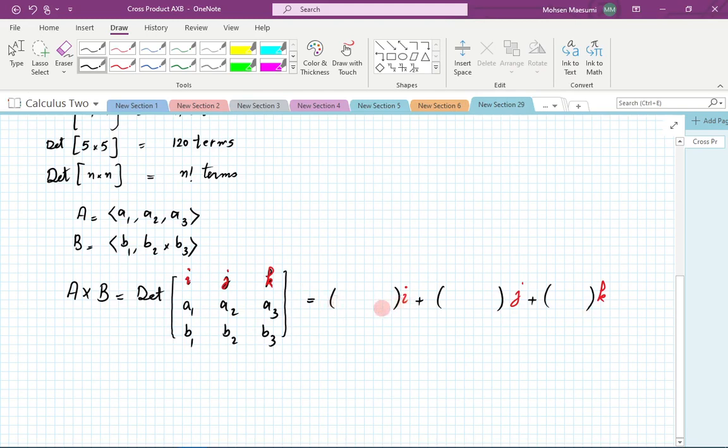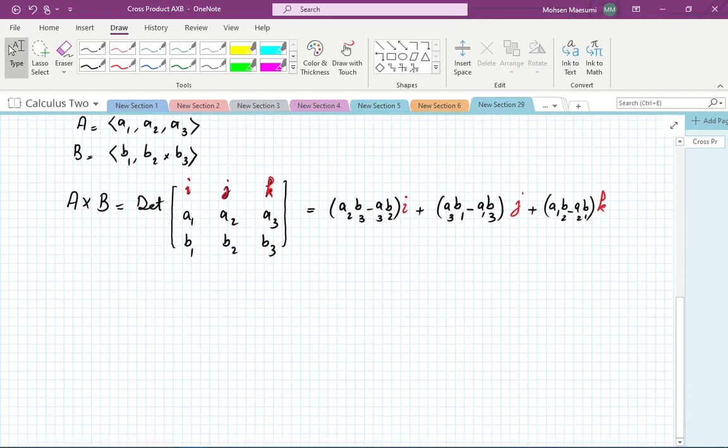The multiple of i is going to be a2 b3 minus a3 b2. The multiple of j is a3 b1 minus a1 b3, and the multiple of k is going to be a1 b2 minus a2 b1. So that is how we do the product of two vectors.